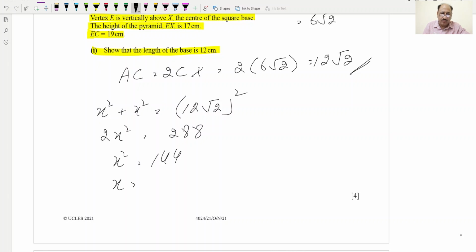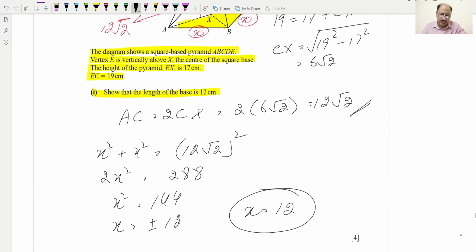So x will be equal to plus minus 12. We will ignore the minus and our x value will be 12, and they are saying show that the length is 12. So this is our final answer for 4 marks, which we are done.